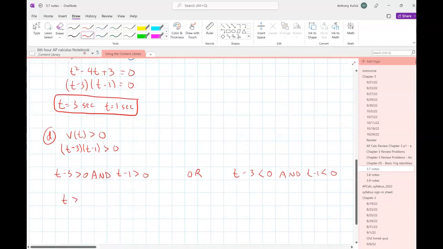So I solve that. I get when t is greater than 3 and when t is greater than 1. Well, hold on a second. T is greater than 3 and t is greater than 1. What is that really the same as? Yeah, it's just the same thing as t is greater than 3, right?